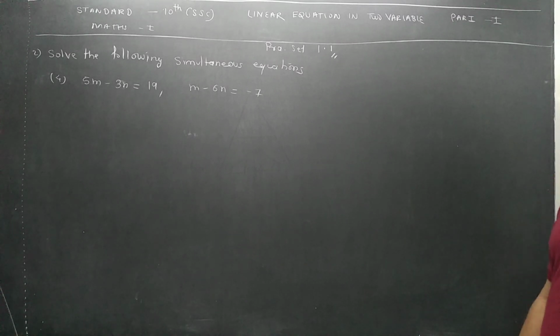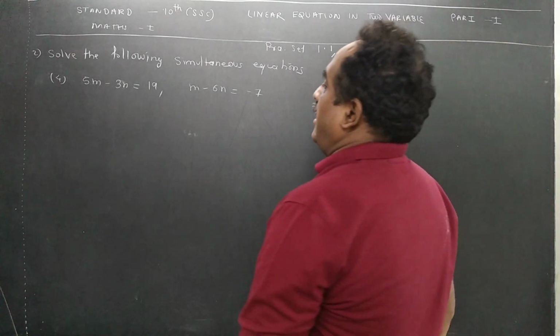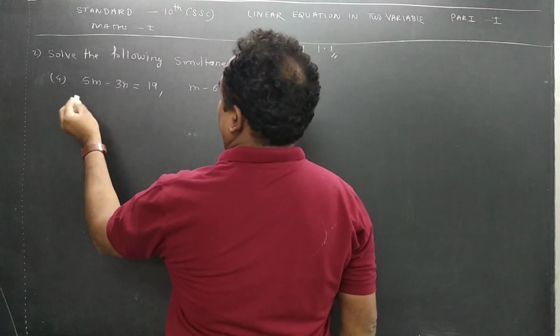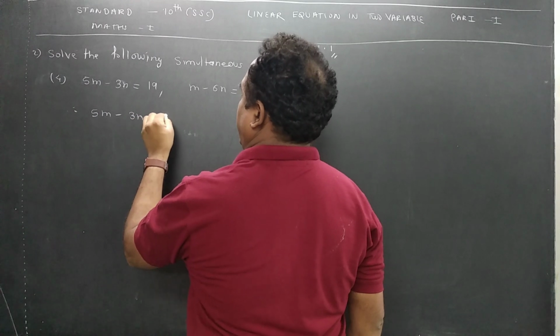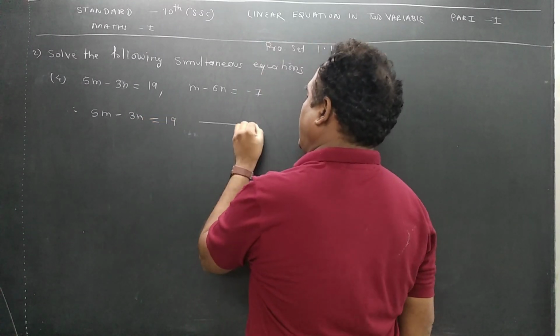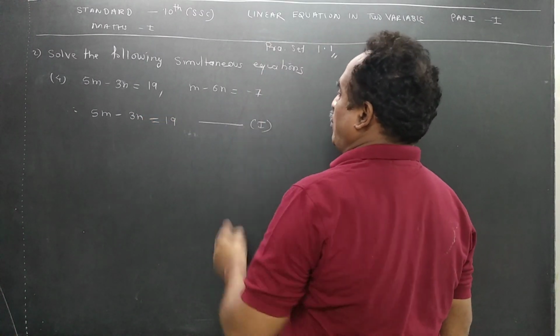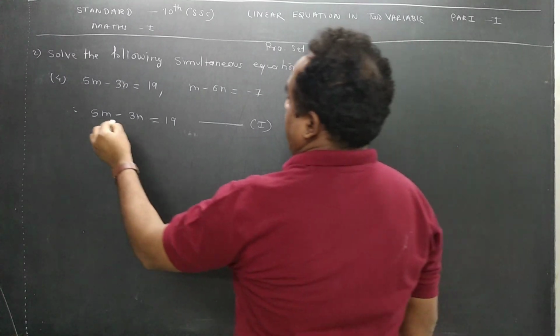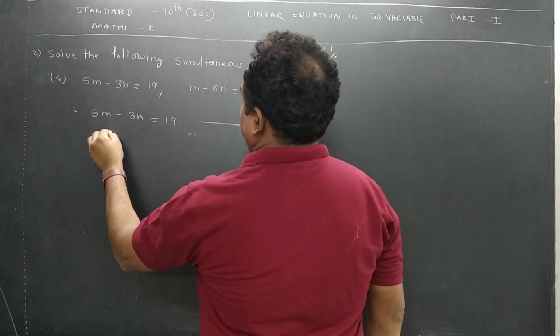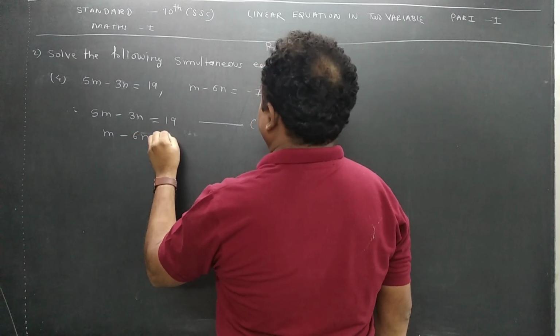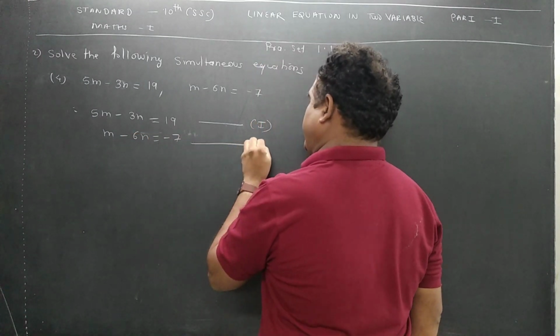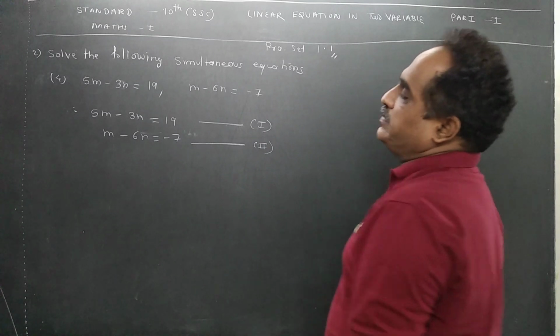Pause the video, try to do it on your own. Okay? Now, how are you going to do it? 5m minus 3n is equal to 19, I will take it as equation 1, and m minus 6n is equal to minus 7 is equation 2.